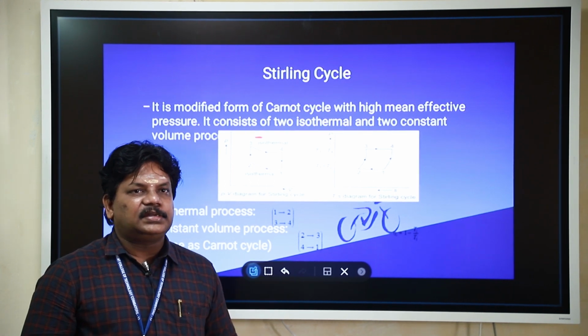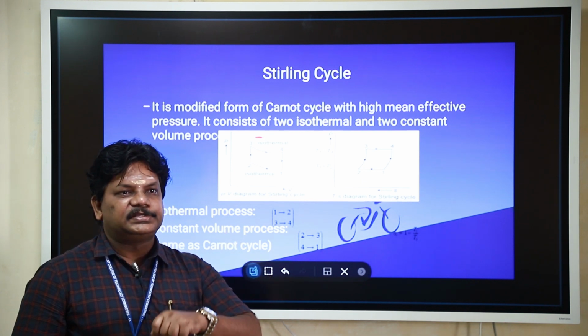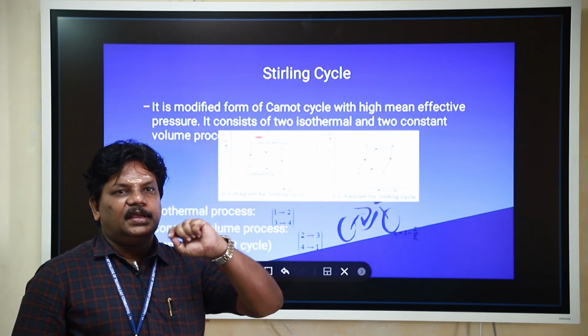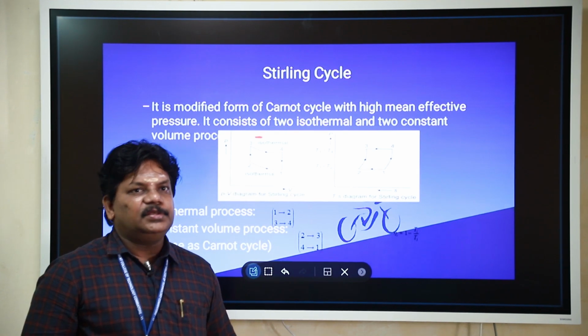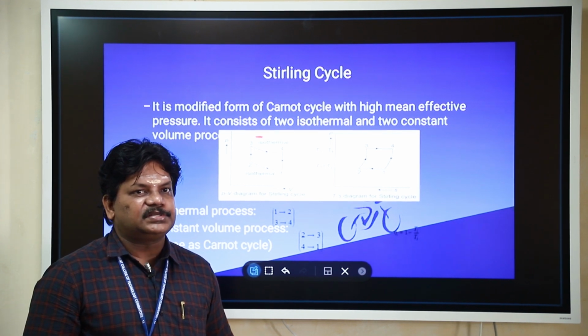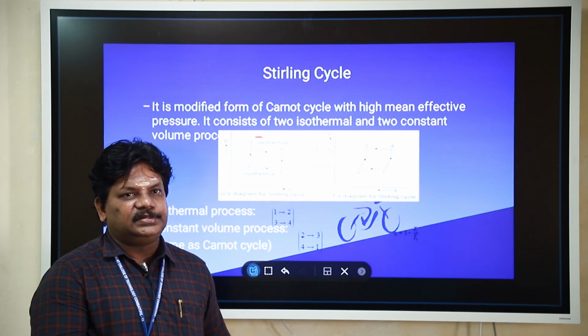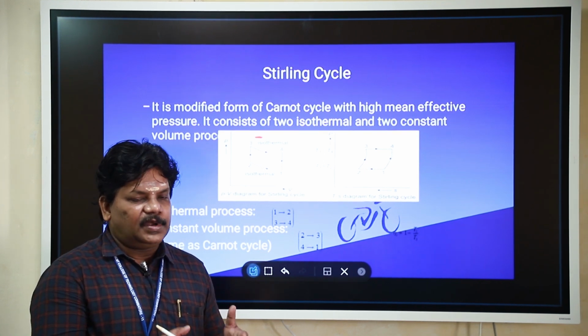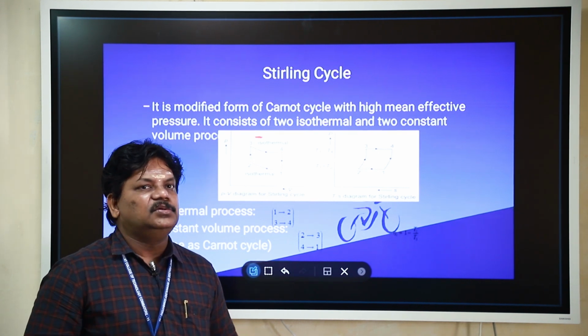So you should know when the heat addition and heat rejection take place, when the compression is very high, when the temperature is very high. Everything should be known to you, because we may not expect the same questions as in previous years. So you have to be thorough with the concepts. Where and when each process occurs should be well known to you.